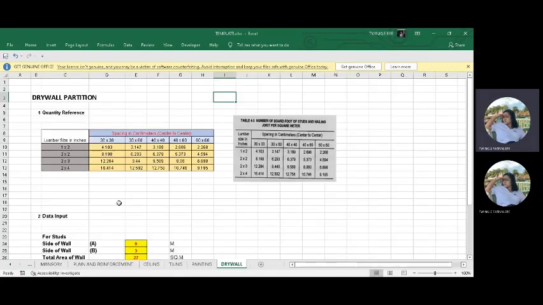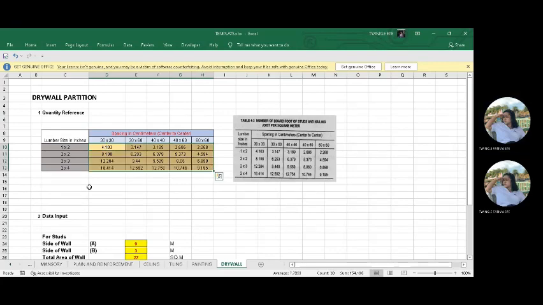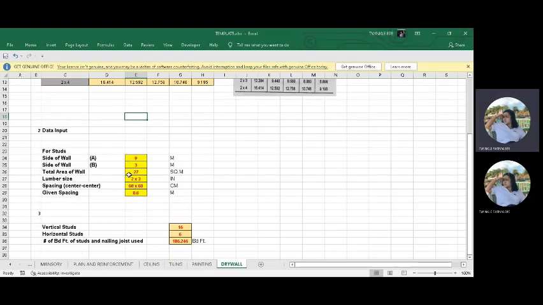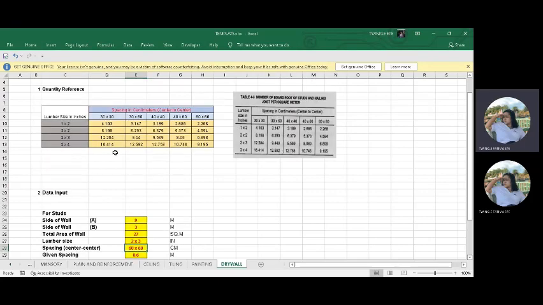So for drywall, this is our quantity reference. We have the lumber sizes and the spacing. So for studs, side of the wall A and the side of the wall B. We entered it in here, data input, total area of wall, the lumber size used, and the spacing in the center.